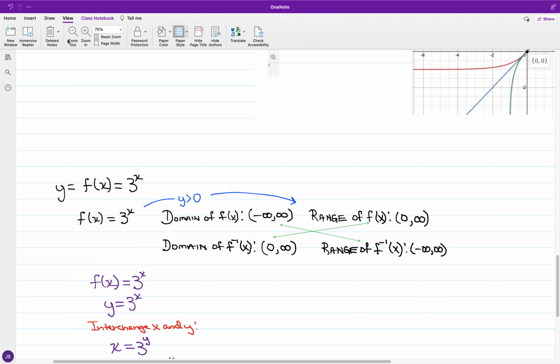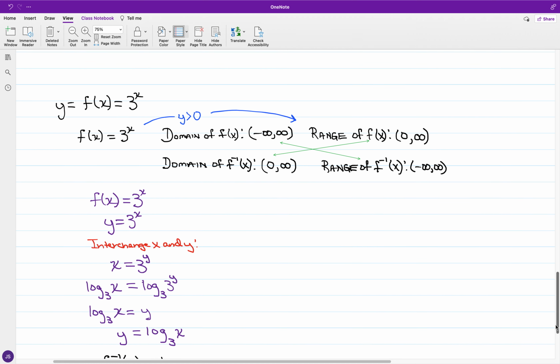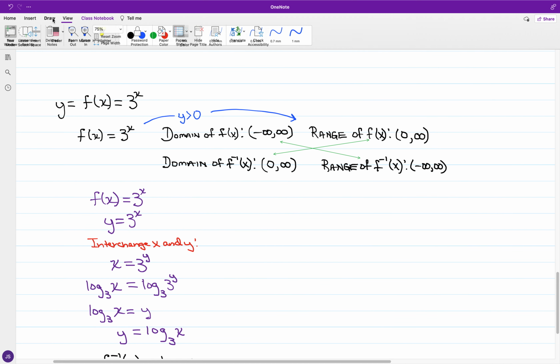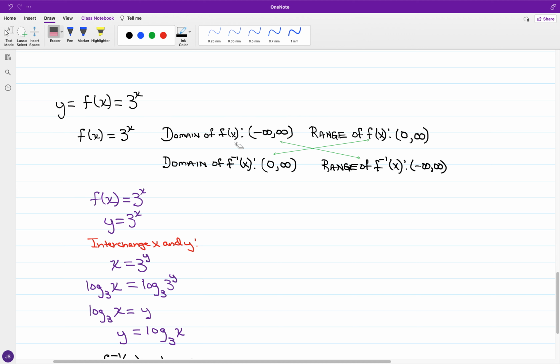And for what we have now, let's say still centered around 3 to the x, I can do yet another modification. Let's say I had y is equal to 3 to the x plus 5. Think of 3 to the x, y is greater than 0.